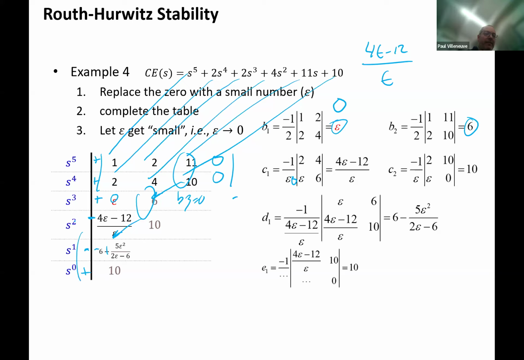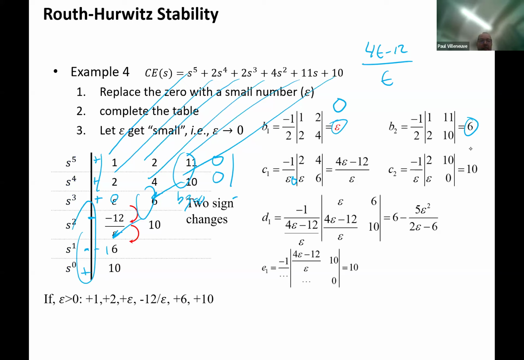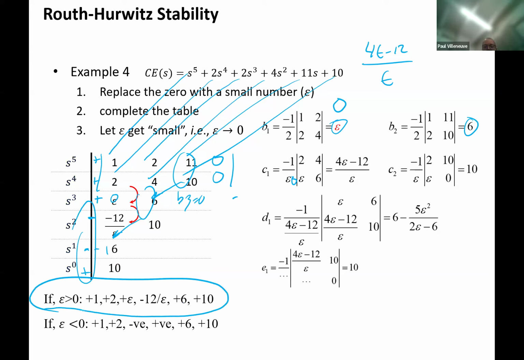No, I'm writing right here. Okay. Those are our coefficients, the 2 sign changes. If we approach it from a less than perspective, E less than 0, we would still end up with the 2 sign changes, but I always do that.